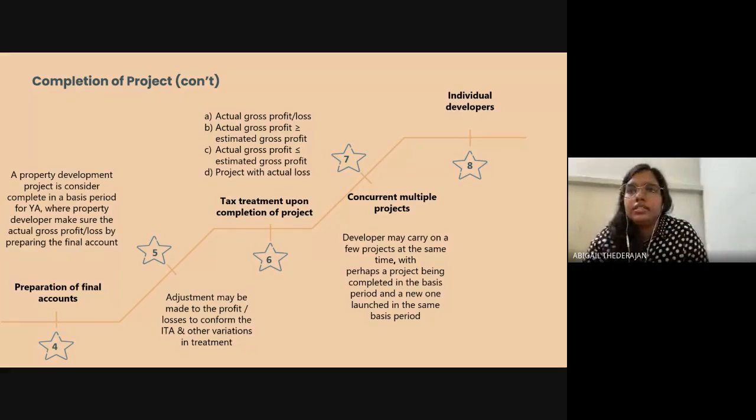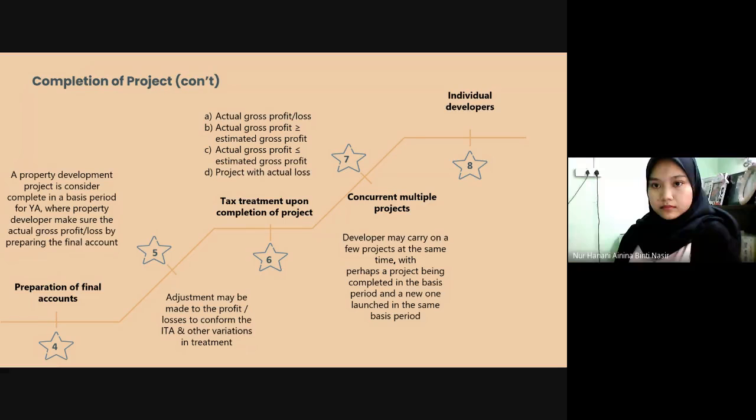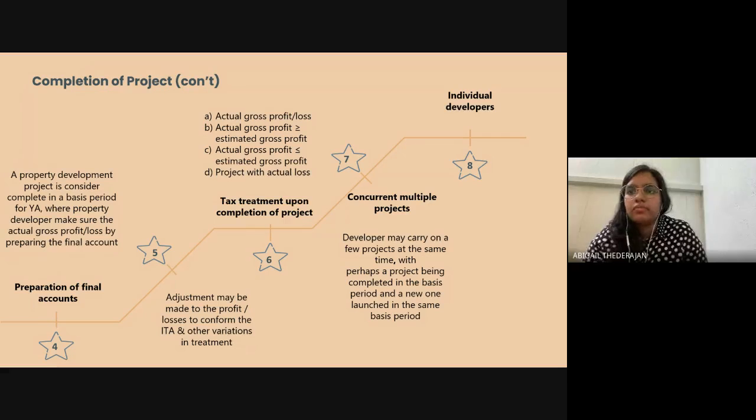And finally, the individual developers. They might come in and do a joint venture with the main developers, and their personal rate of income tax may fluctuate. So they are allowed to review their prior year assessment upon the completion of the project.